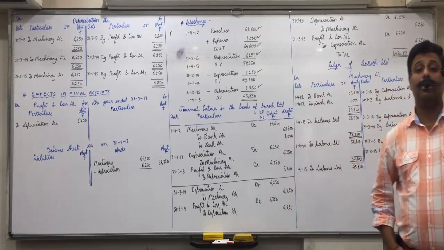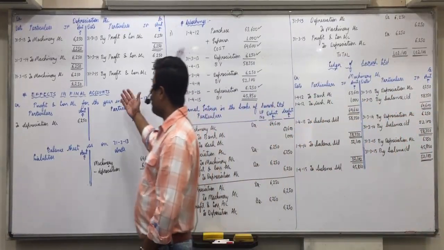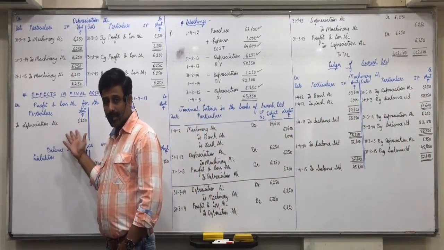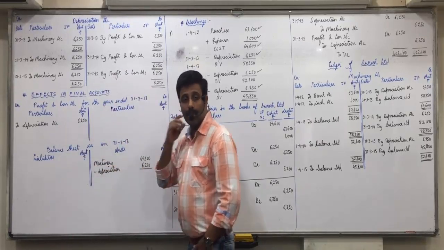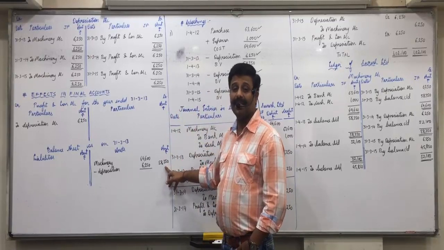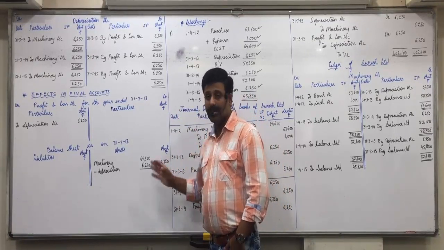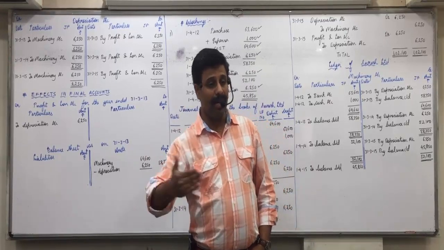If it was asked for the second year also, then again in the P&L account we would have debited 6250. But how would you show the balance sheet machinery in the second year? 58350 would come in the inner column. First year's closing value will become next year's opening value.